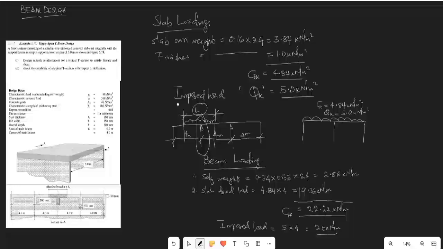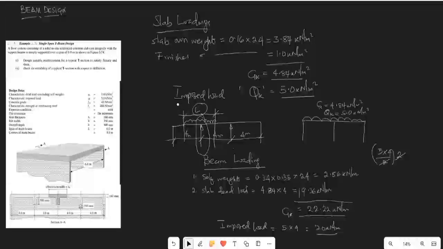The alternative way is 5 multiplied by 4 divided by 2 in 2 places. This cancels this, so we have 5 multiplied by 4, the same thing after all.